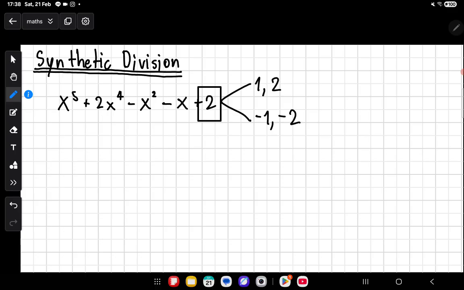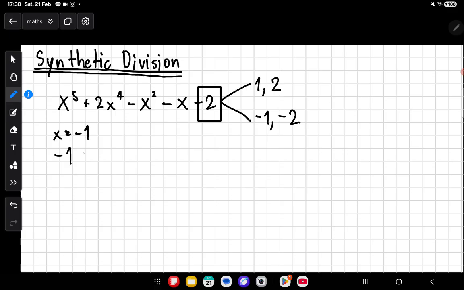Now, you must choose one out of these 4. So, I'm going to try negative 1 and see if it works. If it works, the answer should be 0. Once we try -1, we see that -1 to the power of 5, right? Because for our case, x will be equal to -1.